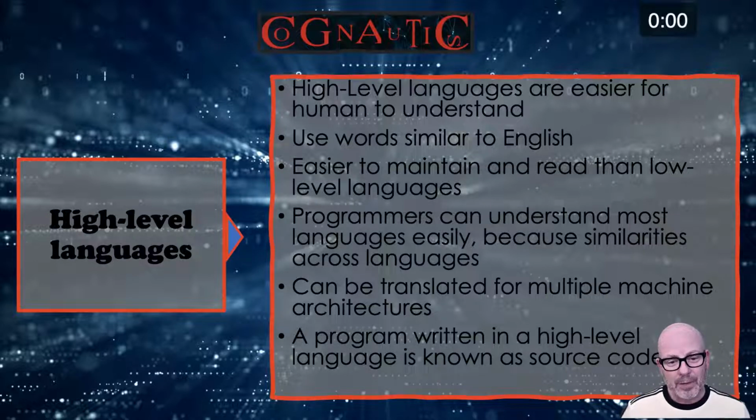They can be applied across many types of architecture. They're easy to learn because many of the words are English words. They're easy to maintain. So think about the bonuses for using a high-level language.